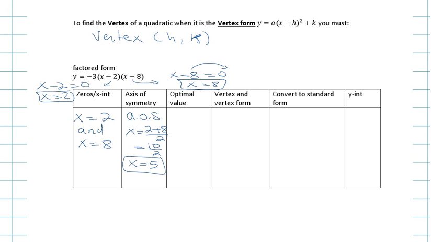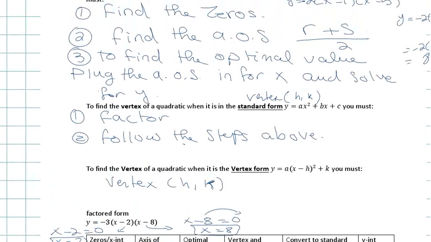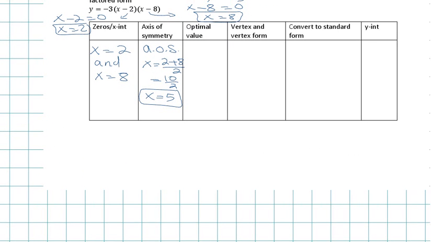How do I find the optimal value? Axis of symmetry. The optimal value is 5 for x. Remember, if I go back here, to find the optimal value, I plug the value of the axis of symmetry in for x and solve for y. So I have to plug in 5 for x.